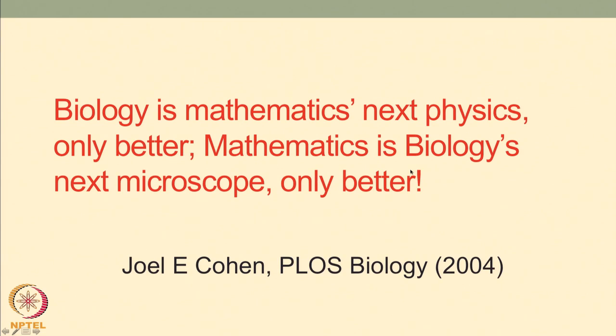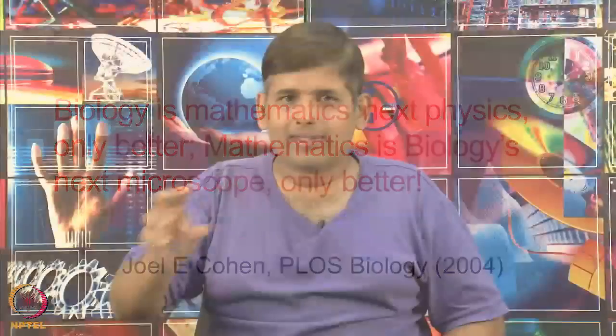So let us understand these two parts, because it will help us understand why this statement was made. First, the first part, which says biology is mathematics' next physics, only better. This refers to the development of mathematics: physics contributed immensely back to mathematics itself.